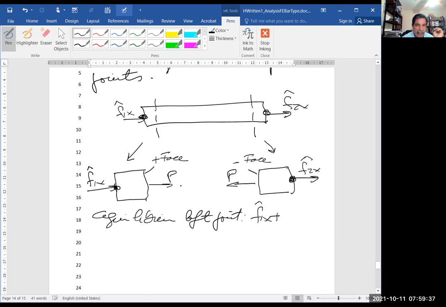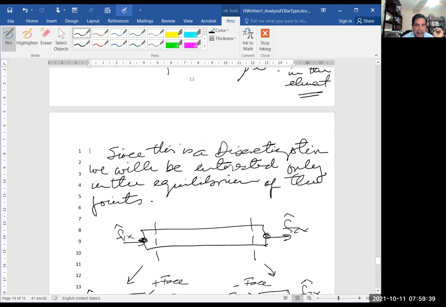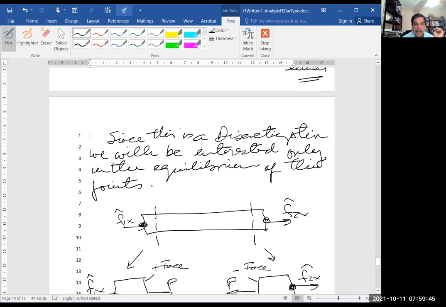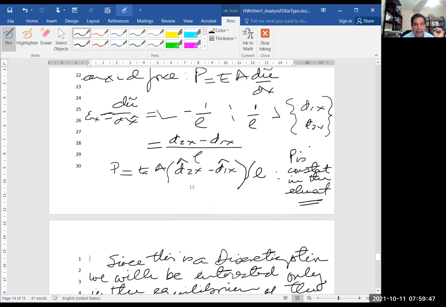Let me go back just a little bit. P has been approximated by this. If I multiply this by EA, I have P. So I'm going to use this expression here.